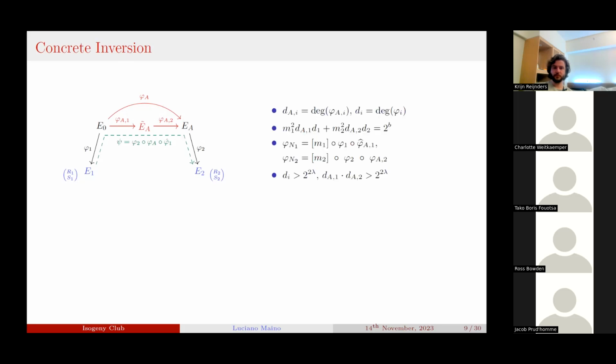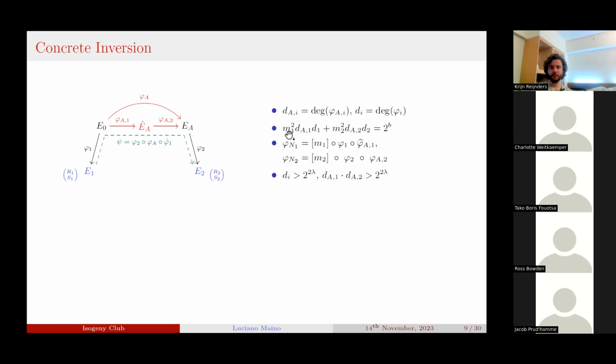Because then I can split some isogenies into parts and realign with the previous criterion, Kani's criterion, so I can have an explicit matrix form for our two-dimensional isogeny. So how do we do so? Let's call the degree of phi AI dAI and the degree of phi I dI.